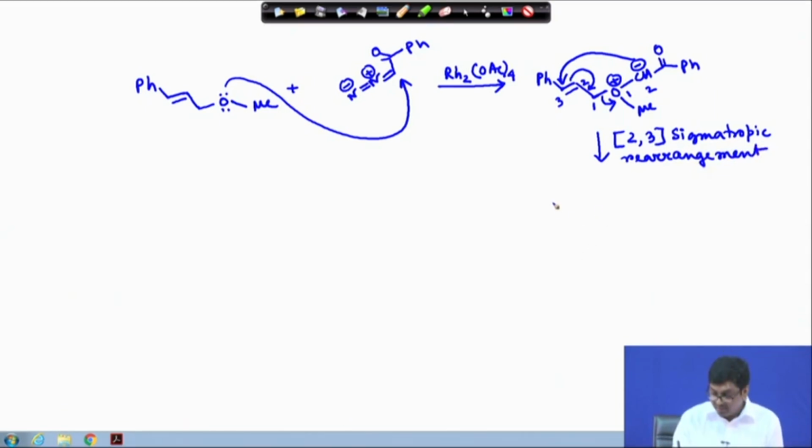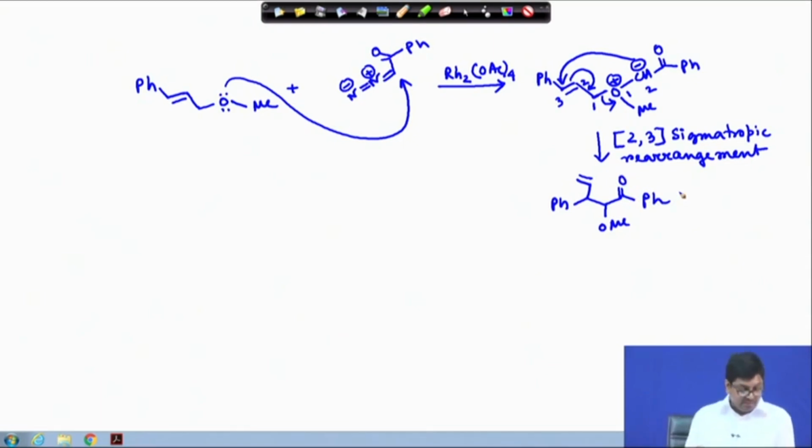So, then the final product will be the insertion followed by the sigmatropic rearranged product, that is nothing but this product. Okay. Next we will see another example where a similar type of concept has been used to get an advanced intermediate for the natural product gambieric acid.